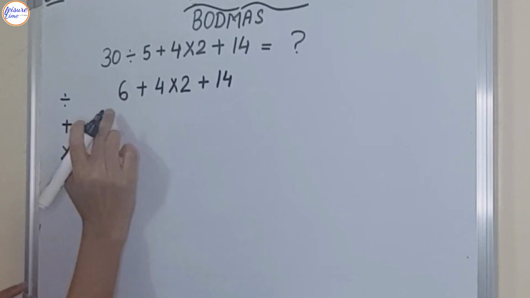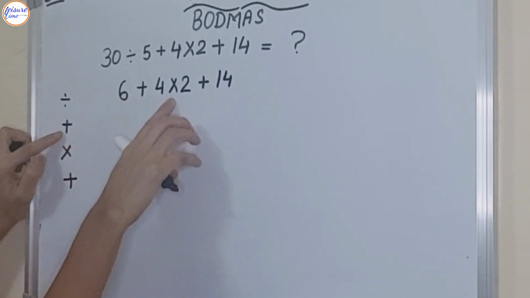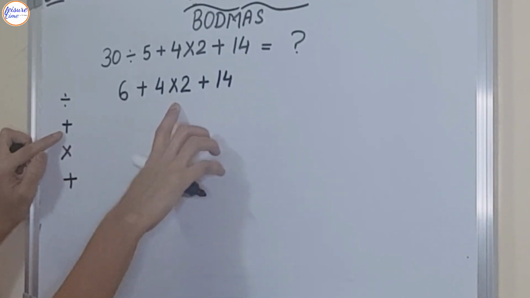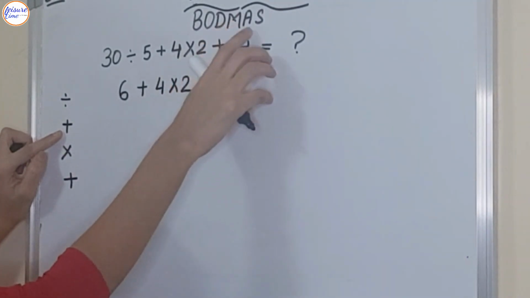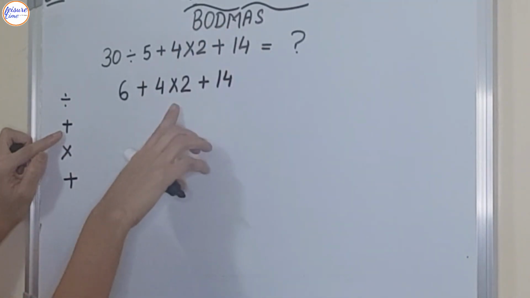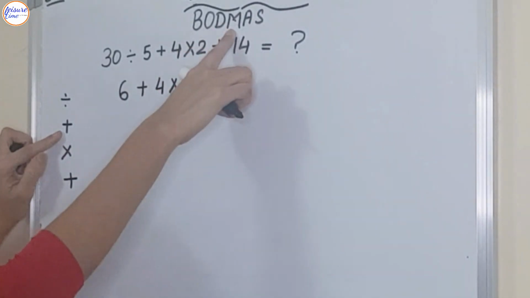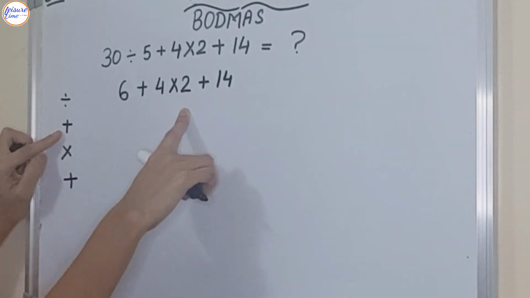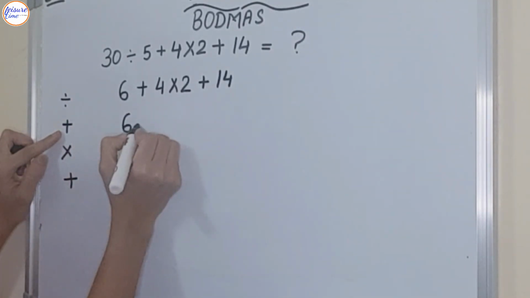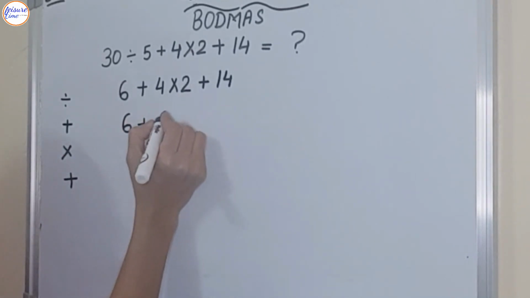Okay. Now next, what is your operation? Addition and then multiplication. So firstly, what will you solve, the multiplication or the addition? What comes first? Multiplication comes first. So we will solve the multiplication first. Write here 6, addition 4 multiplied by 2, how much? 8.